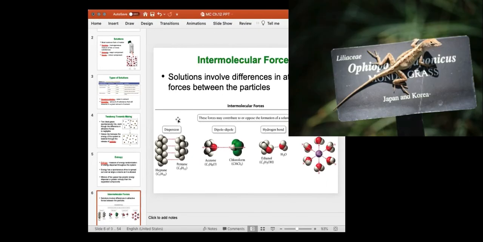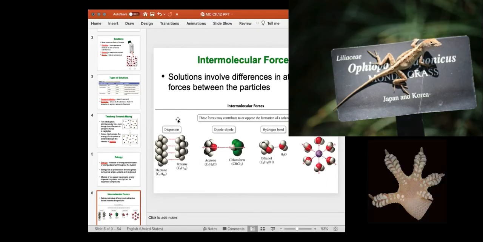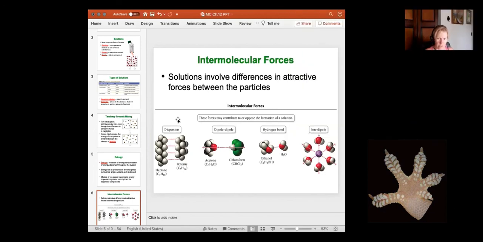Geckos can run up walls, and it's not because they suction onto the walls, which used to be a thought, but because they have these intermolecular forces, specifically dispersion forces, hundreds of thousands of them happening between the pad of the lizard, which has these thin hair-like substances that come out, and whatever the surface is that it's on. Holding that lizard on are these very small dispersion forces, but there's millions of them. So they're very additive. So that's the lowest type of intermolecular force.